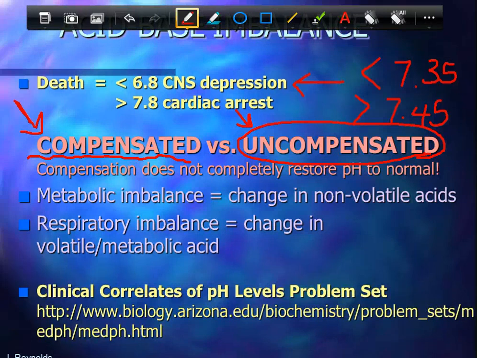And that's obviously more life-threatening. Compensated means your body's going to try to kind of keep it in balance. Uncompensated means it's like a snowball rolling downhill, gathering momentum.